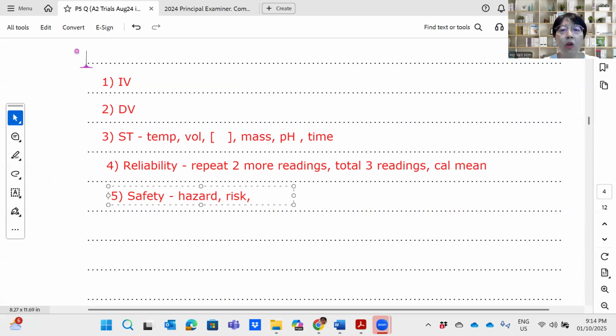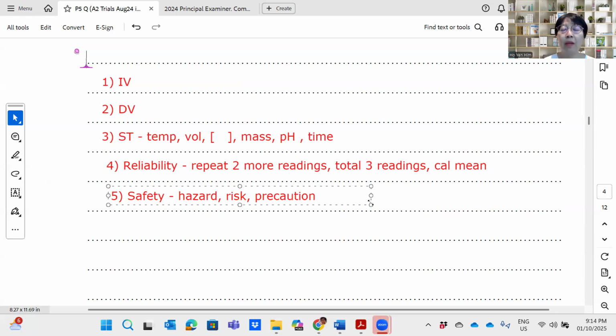And then what are your steps for precaution? So these three things must be mentioned for safety: hazard, risk, precaution. Then only you can get the mark. You cannot say, oh, there's electricity, so be careful. Then you cannot get the mark. Be careful of what? Oh, using a knife, be careful. No mark. Knife is a hazard.